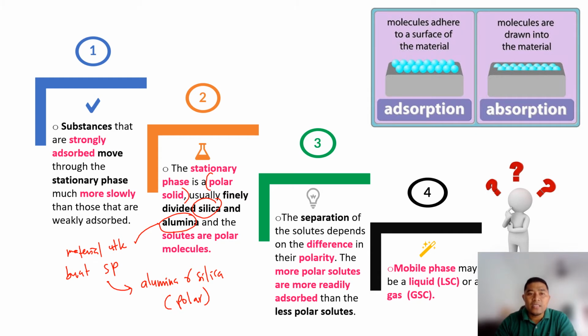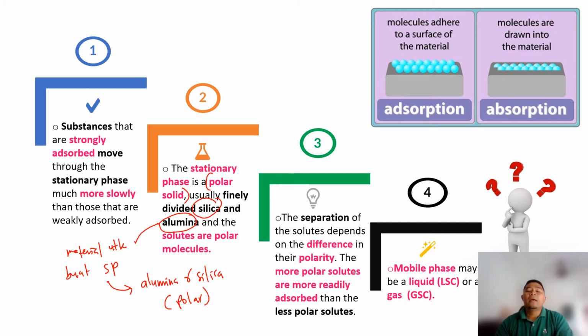The tertiary phase is a polar solid. Okay, in this case, the tertiary phase is a polar solid, usually finely divided silica and alumina, and the solutes are organic molecules. So the materials for making the tertiary phase are alumina and silica, classified as a polar tertiary phase.